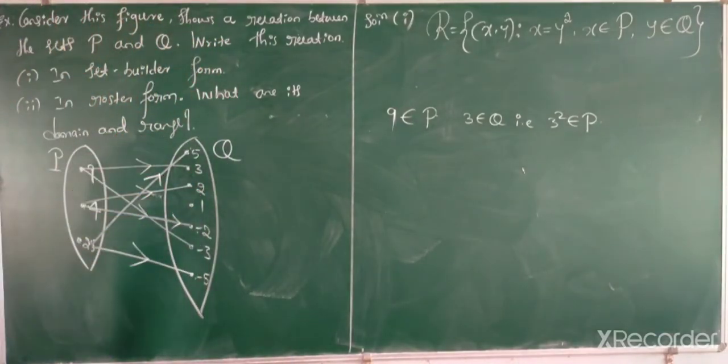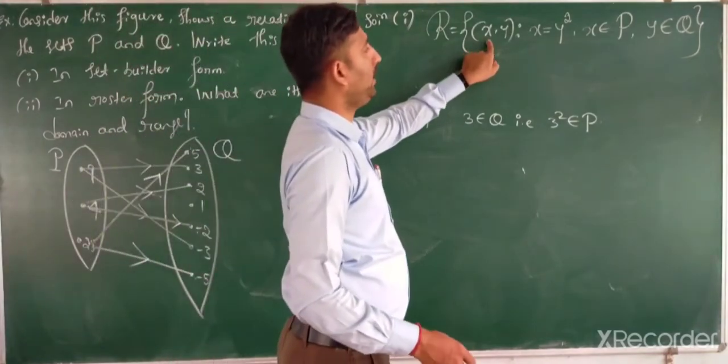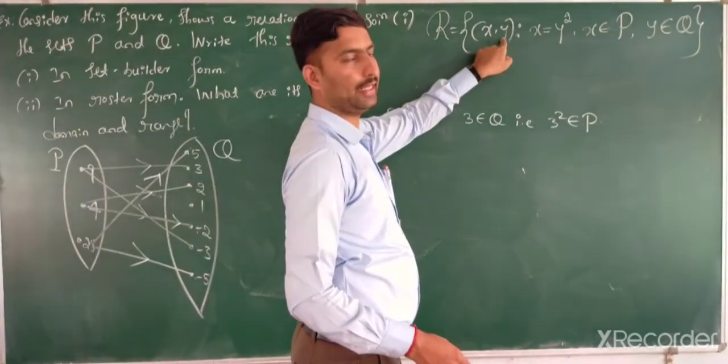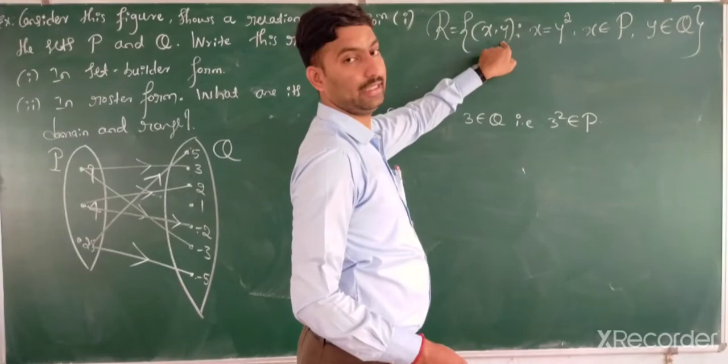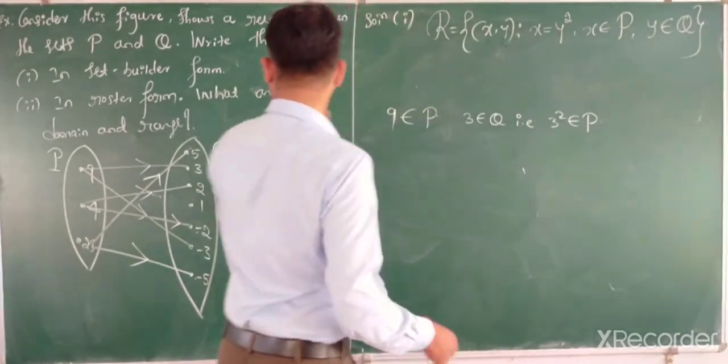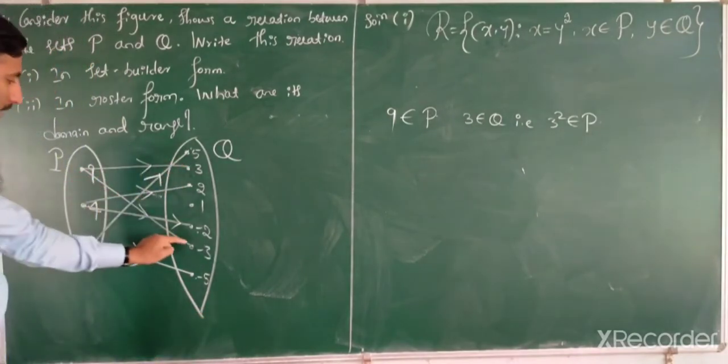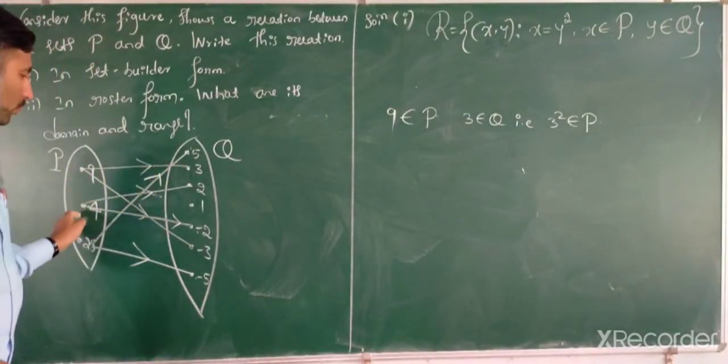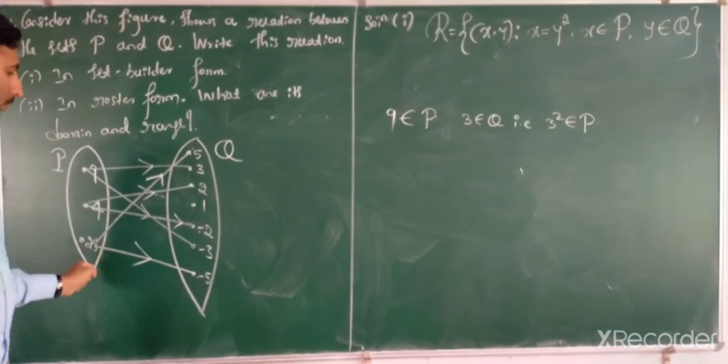That is nothing but xy. I will write 9, 3, 9, minus 3, and after that 4, 2, 4, minus 2, 25, 5, 25, minus 5.